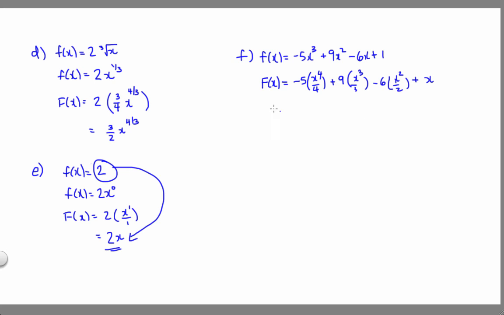So we'll have plus x here, and then finally we can simplify. Minus 5 x to the fourth over 4 plus 3x cubed minus 3x squared plus x is our antiderivative.